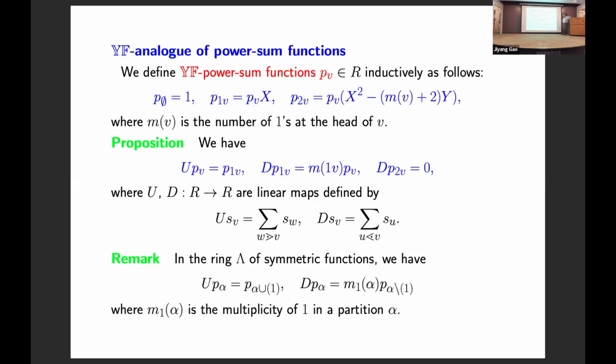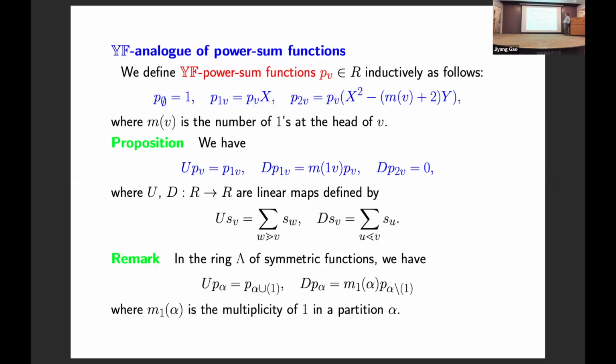Okay, so the Young-Fibonacci power sum function P of B is defined by this formula inductively. Then we can show that the up operator, defined in this formula, maps a Schur function to the sum of Schur functions over W where W covers B, and the down operator maps a Schur function to the sum of Schur functions where U is covered by W. Then the up operator applied to P of B, the power sum corresponding to B, gives you P of 1 here.